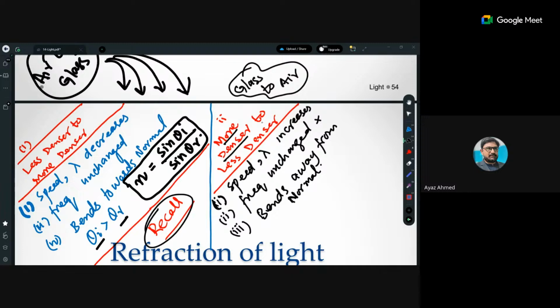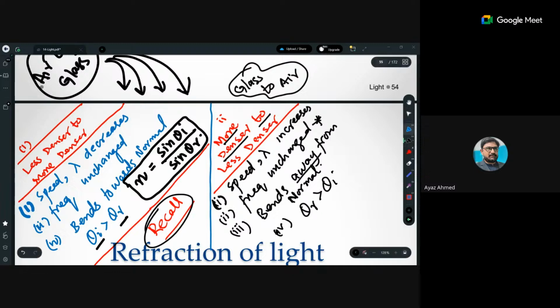What you have to recall is that when light enters from more dense to less dense, meaning from glass into air, its speed and wavelength both will increase, frequency will remain unchanged, and it bends away from the normal. That is why the fourth property is that the angle of refraction will become greater than the angle of incidence.